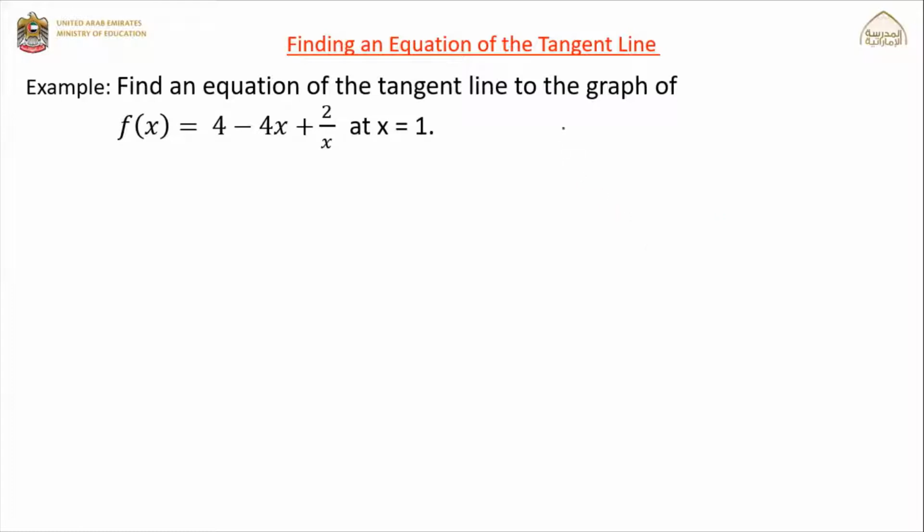As we know before, firstly, I will find the slope m, and slope m is the derivative of f at the tangent point, which is 1. So first of all, I must find f prime of x. But when I look here, I have 2 over x. So about this one, I must change the function.